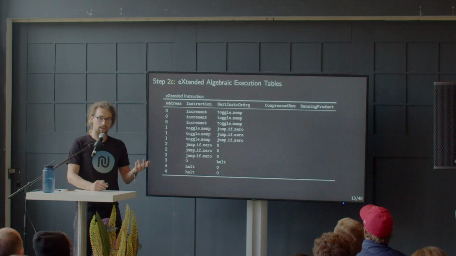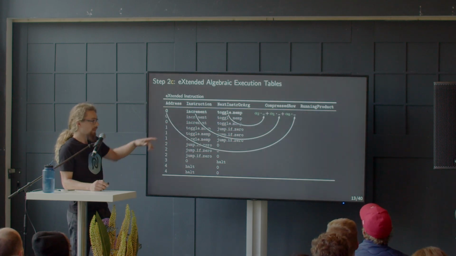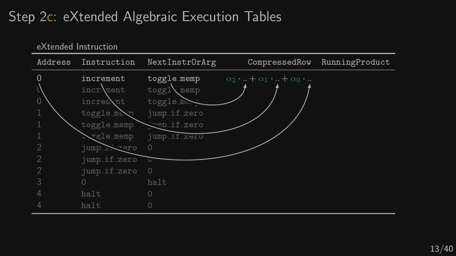By taking in verifier challenges, we now have more columns that we can build. And these green things there, those are challenges by the verifier. We can build a random linear combination of every value that we have in our row. I call that a compressed row. Then you can feed that into, for example, in this case, a running product.